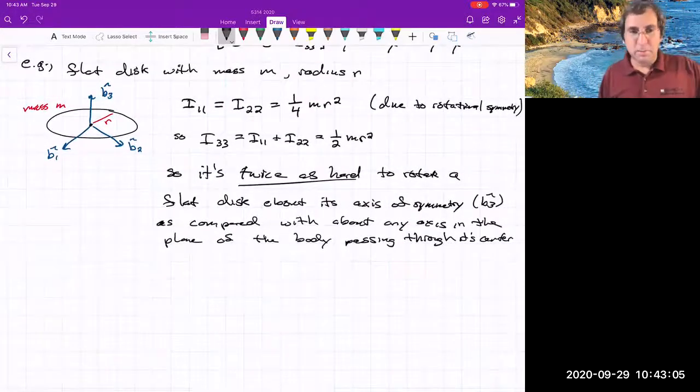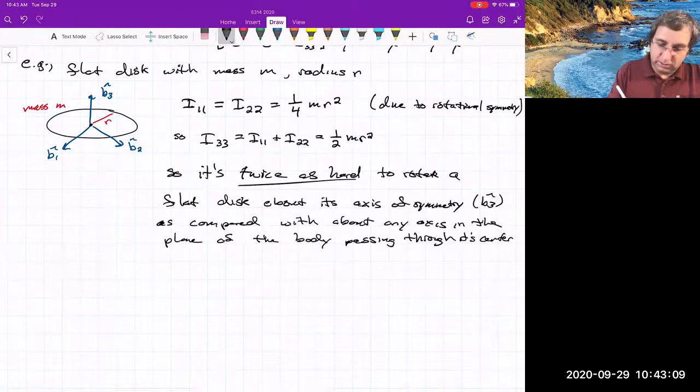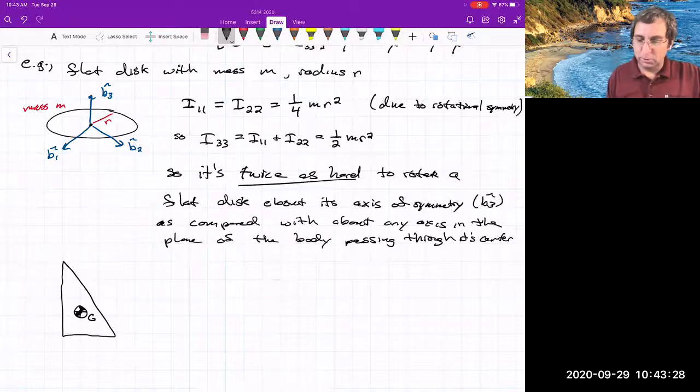So where might this become useful? What if you had to calculate something for a triangle? Well, you know where the center of mass is now because we actually did that calculation. It's 1/3 of the way. This is a flat plate, a right triangular plate. And you could calculate the moment of inertia for that.